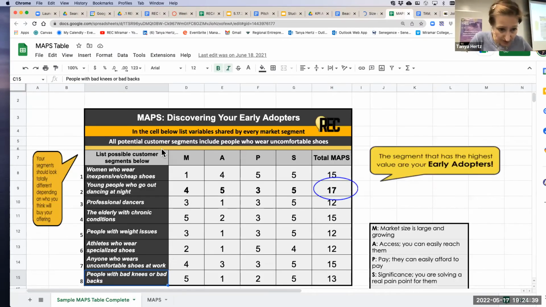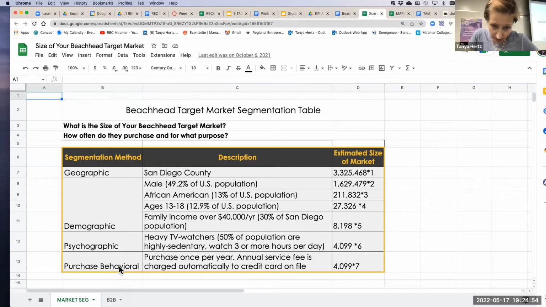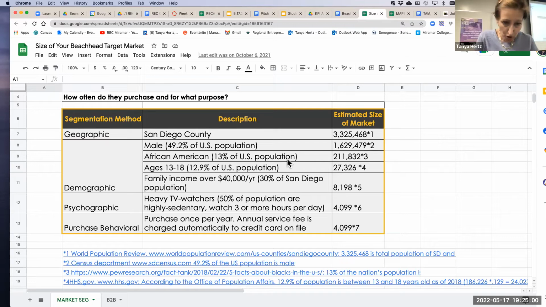You brainstormed several different customer segments and what they might look like. And then you went through and completed this chart so that you could get the data for this market seg table and get even more specific. So let's do this. First, I'll show you how you use the seg table, and then I'll show you back how you choose which one of those market segments to choose.